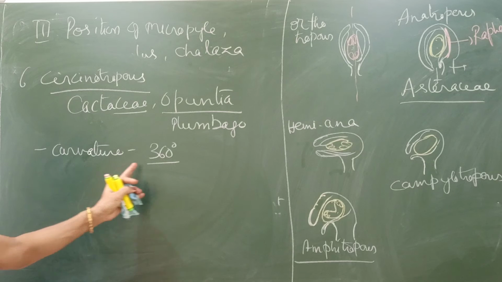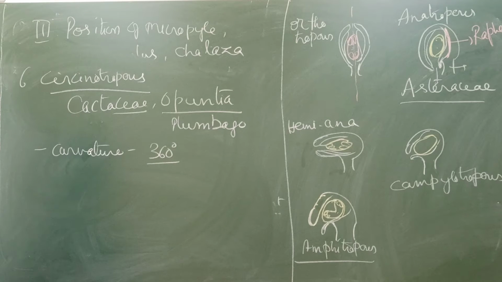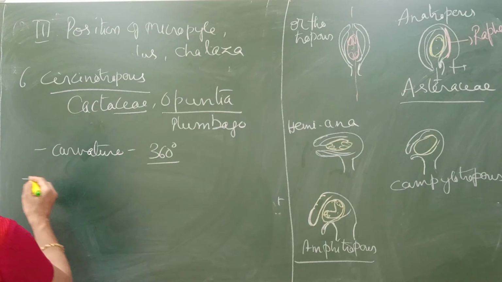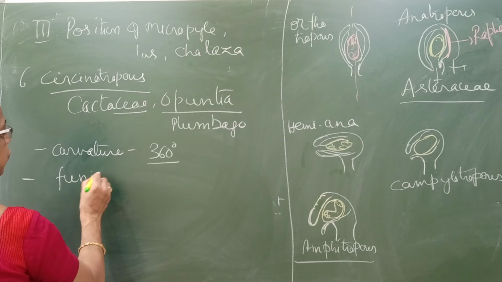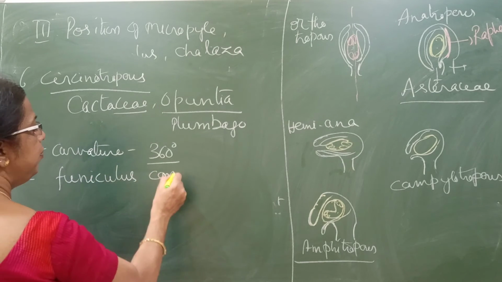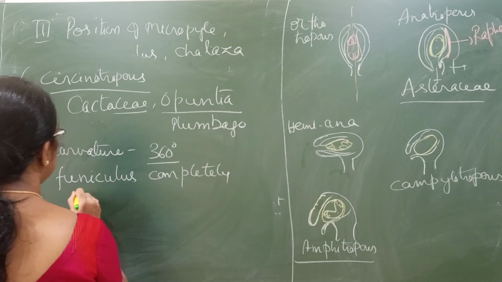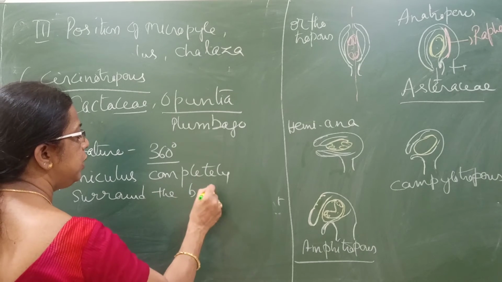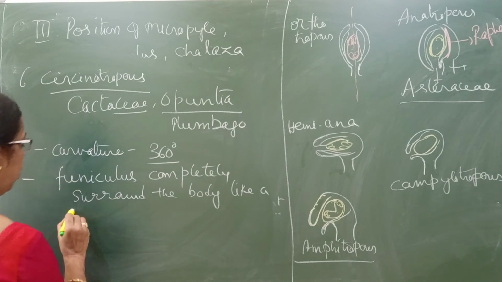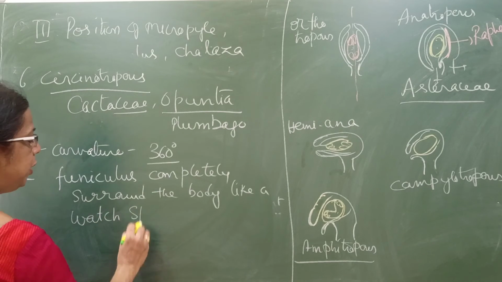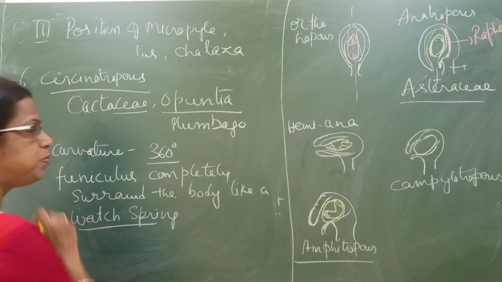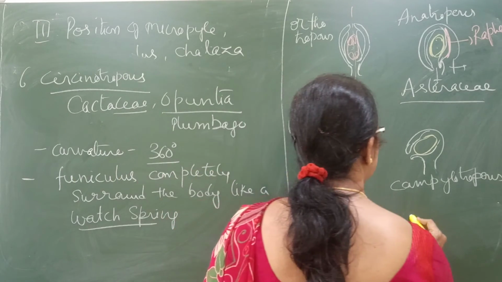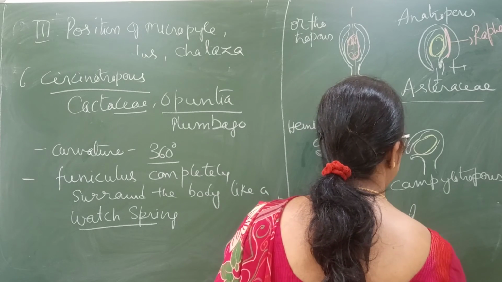When it takes a complete 360 degrees, the funiculus completely surrounds the body like a watch spring. So this is how you can find it completely surrounding.